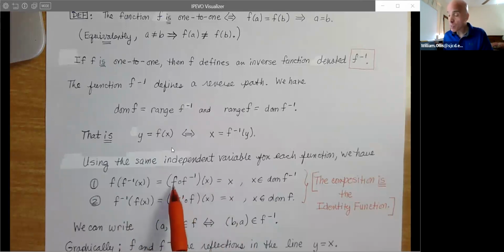If you compose f with its inverse function in either order, as we look here, f inverse composed with f of x, so again, we apply f inverse to f of x, we get the identity function. And what I mean by identity function is that the input equals the output. Like f of x equals x, the input equals the output. So these functions undo each other. They are inverses, so to speak.